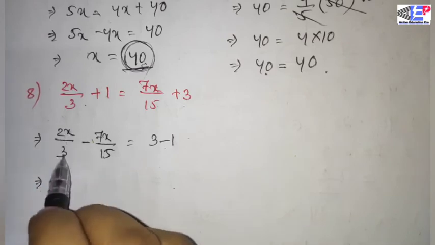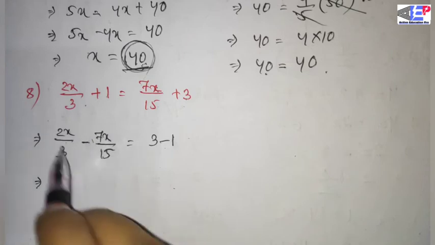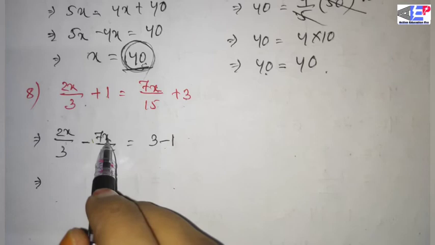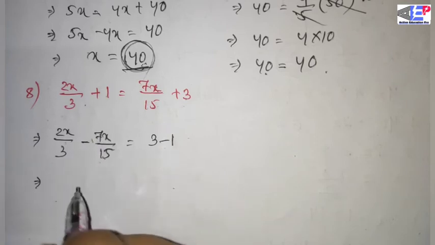Here both terms contain x, and in both the coefficient of variable x is a fraction, a rational number. As you know how to add, multiply and subtract, all these mathematical operations of rational numbers you know very well.